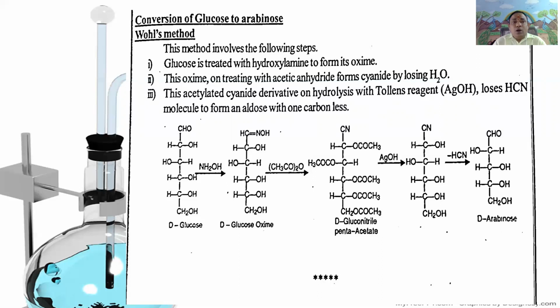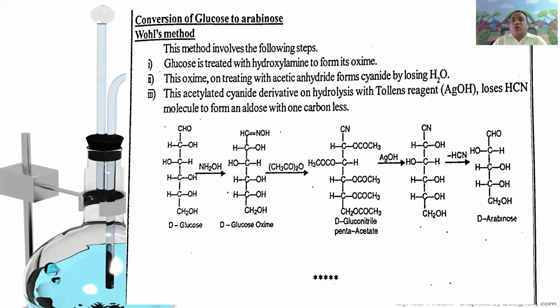In the third step, this pentaacetyl derivative of D-gluconitrile, upon treatment with Tollens reagent, that is silver oxide, gives the cyanohydrins of pentoses.